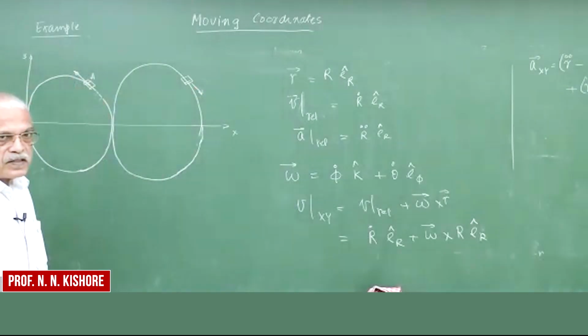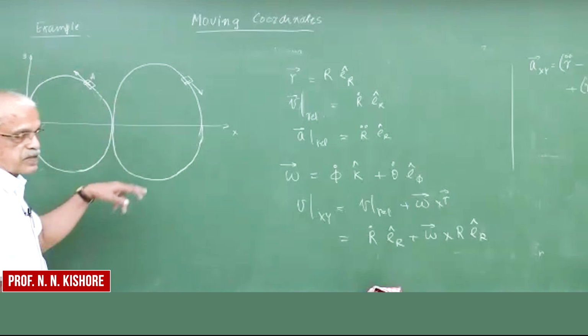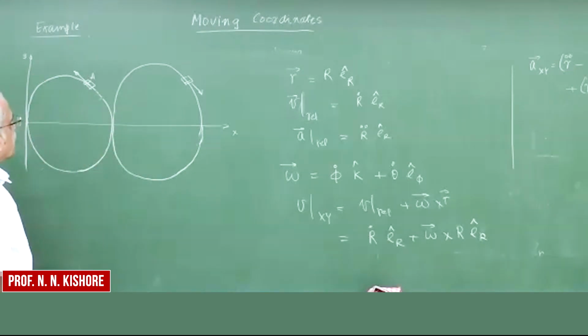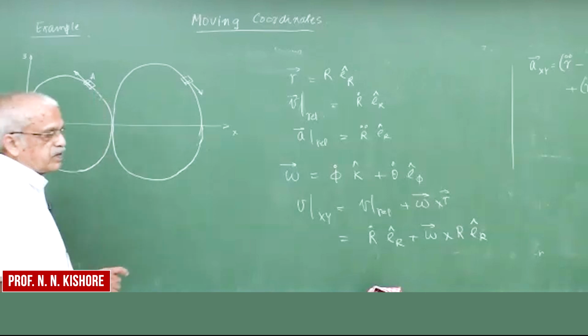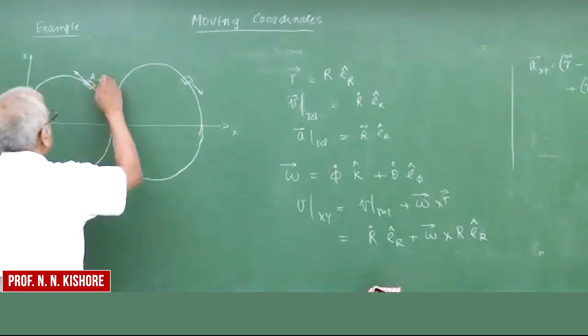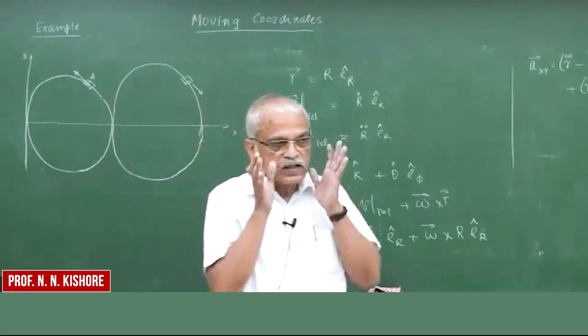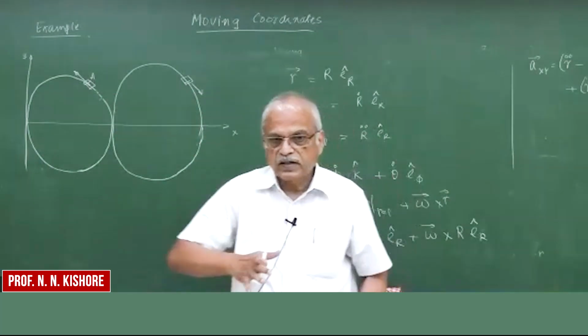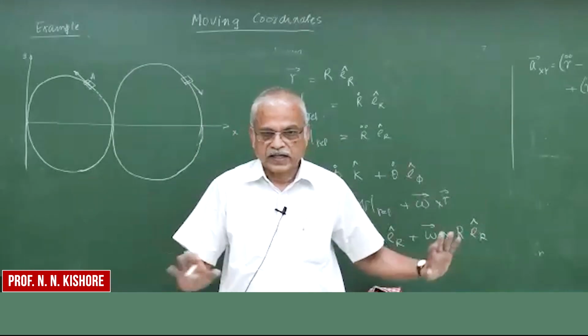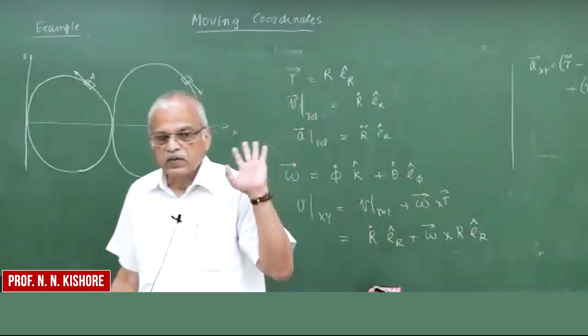So these are just executing a circular motion here. Okay, so somebody who is sitting in this car A, assume that he knows only the forward direction, he knows left, he knows right. Apart from that, he doesn't know anything.